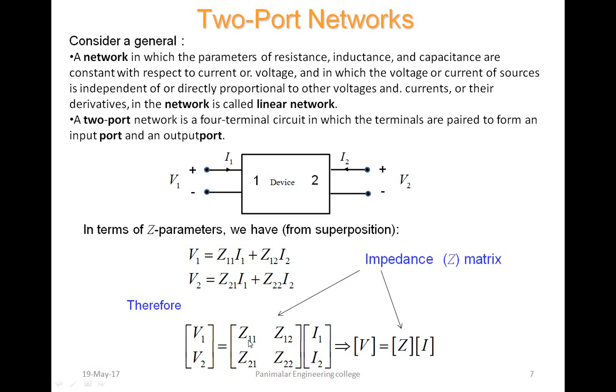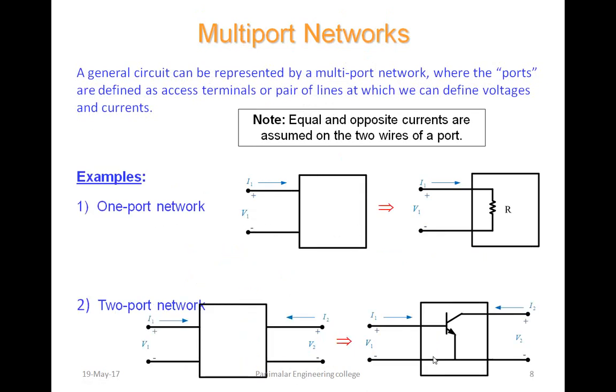So naturally we have four parameters and the corresponding currents I1 and I2, which is written in the form V equals Z into I. And this can be extended to multi-port networks. If the concepts are brought simply in two-port, the same thing can be brought into multi-port analysis too.